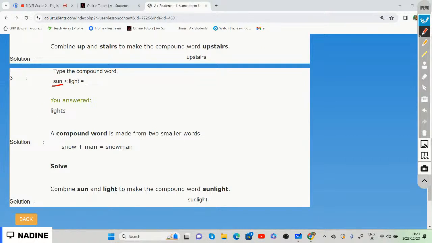We combine sun and light, right? And we make the compound word, which is sunlight.